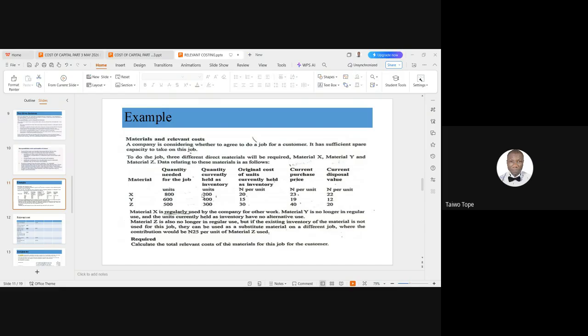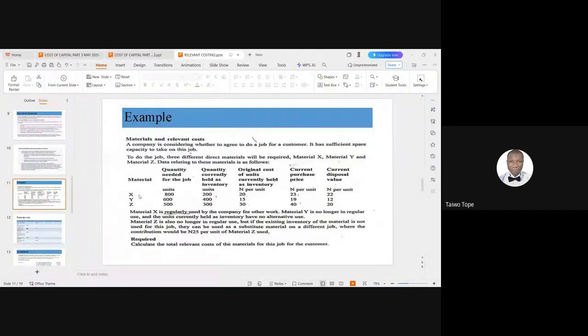Because it is in regular use. This 200 that you have in store as of today, before you start this production, you might have exhausted the 200. So it means that you ignore what is in store and face the quantity you need to produce the order you've received.